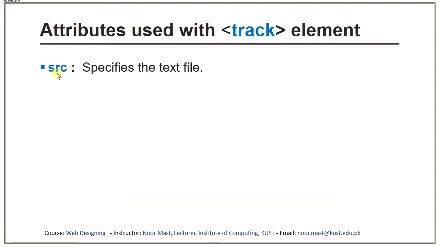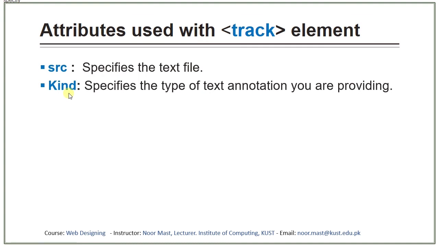The src attribute specifies the text file. The kind attribute specifies the type of text annotation you are providing, such as subtitle, caption, description, chapter, or metadata.